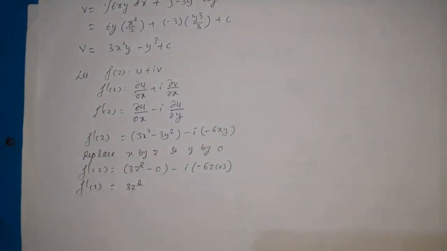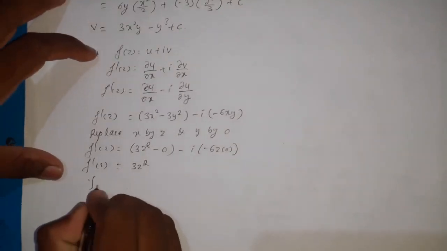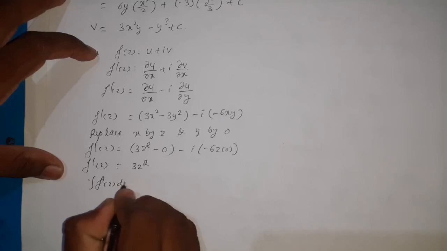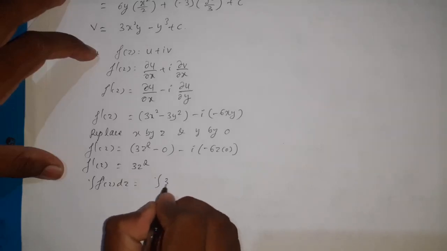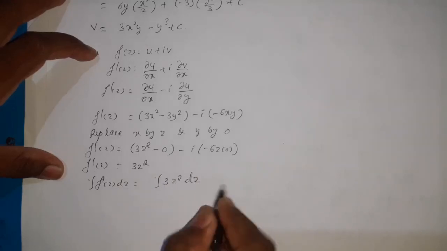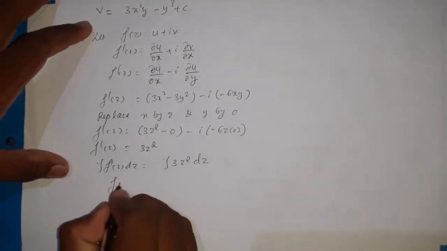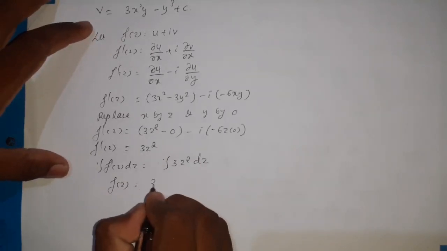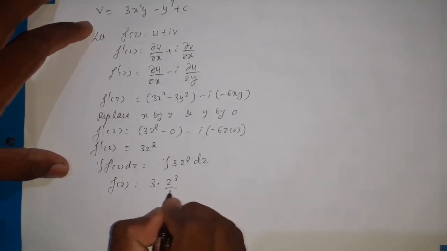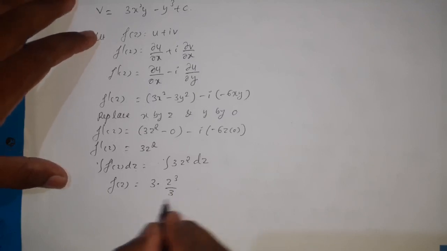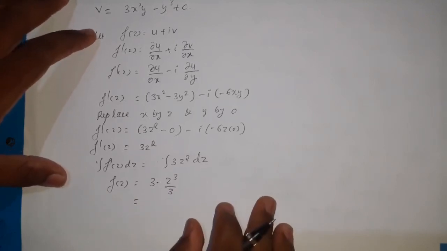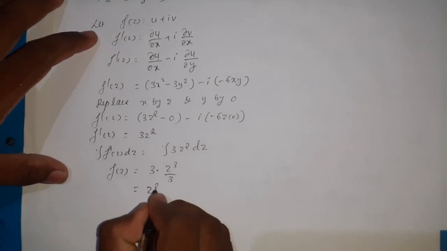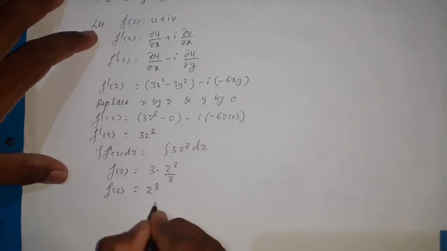And what is the next step? Next we need to integrate f dash of z to get f of z. So therefore integration of f dash of z dz equal to integration of 3z square dz. Then this becomes f of z, here 3 into z cube divided by 3, which is equal to z cube.